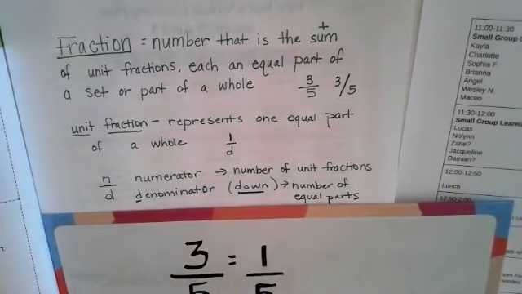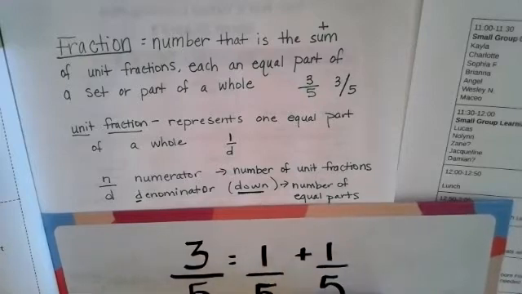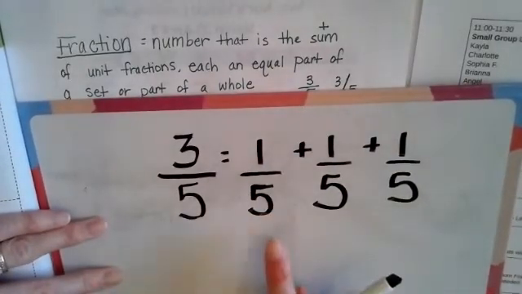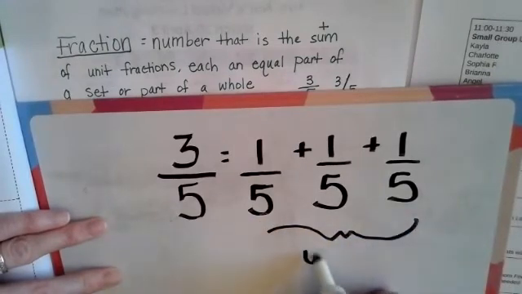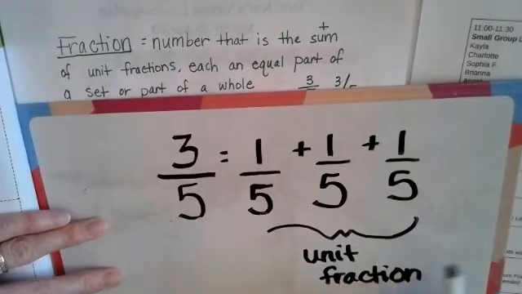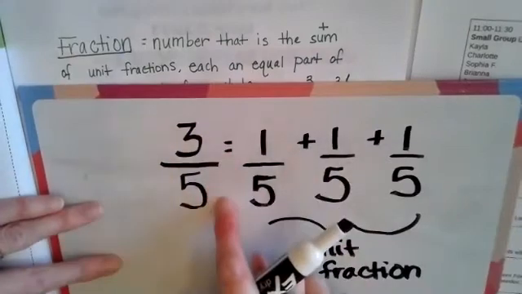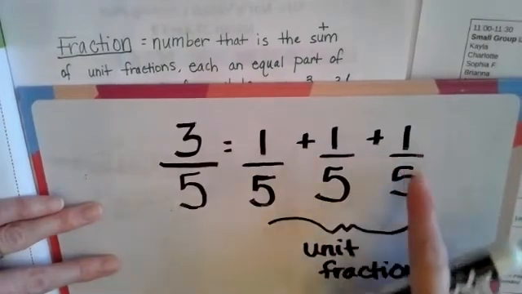So 3/5 is like taking 1/5 plus 1/5 plus 1/5. Each of those are unit fractions, because they have a 1 in the numerator and they represent the units that I am working with. 3/5 is the same as 1/5 plus 1/5 plus 1/5.